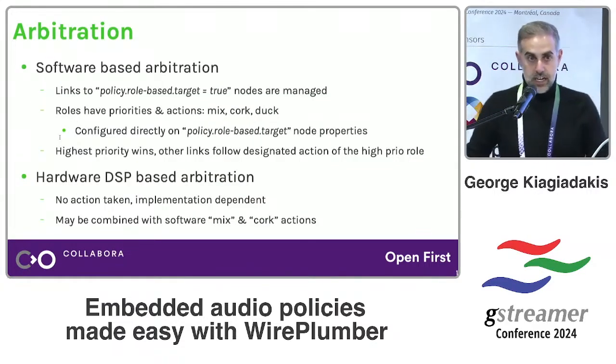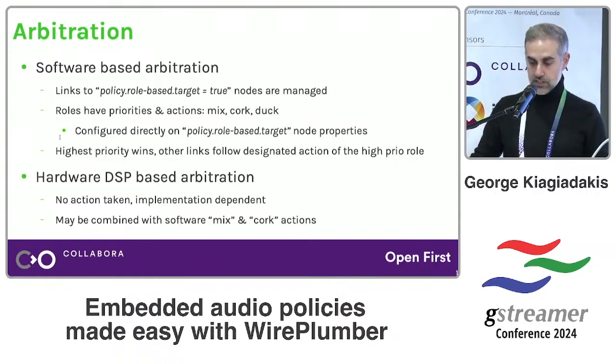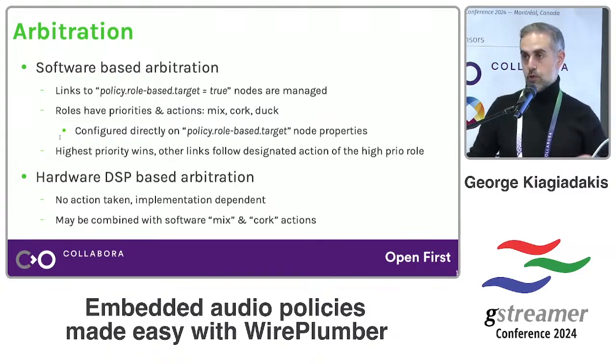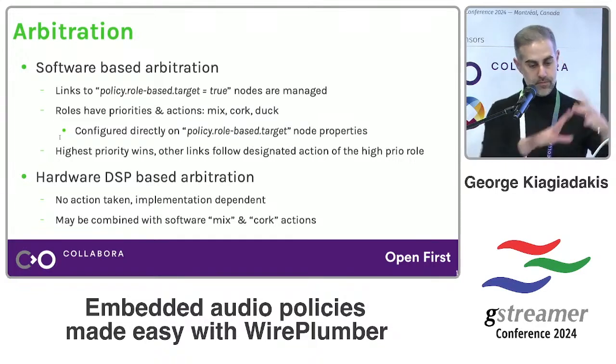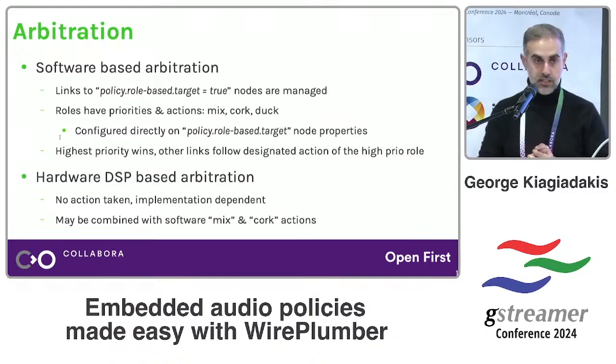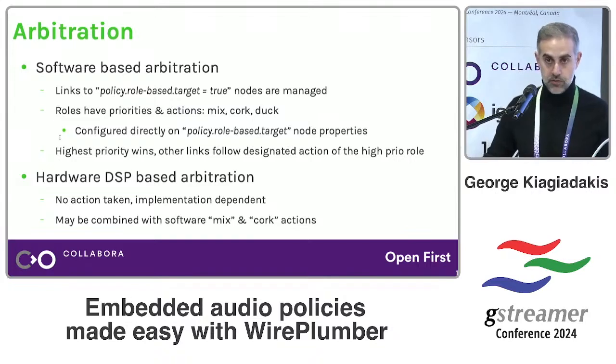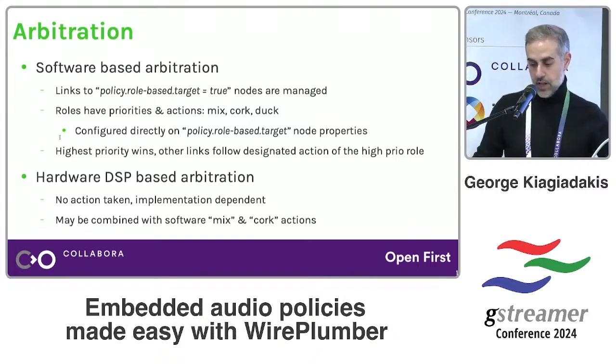Last but not least, arbitration between use cases. In the case where you don't have a DSP and you want to do everything in software, there is another Lua script basically that manages links to manage the use case nodes. So it looks for all the nodes that have this policy role-based target equals true.